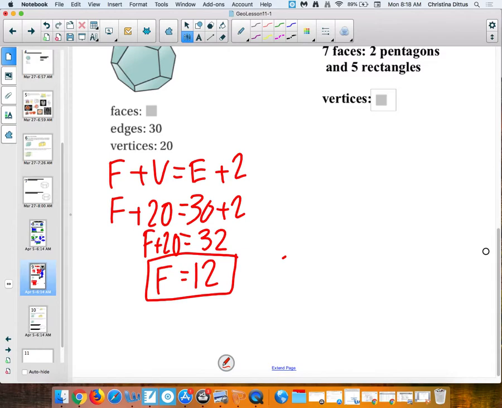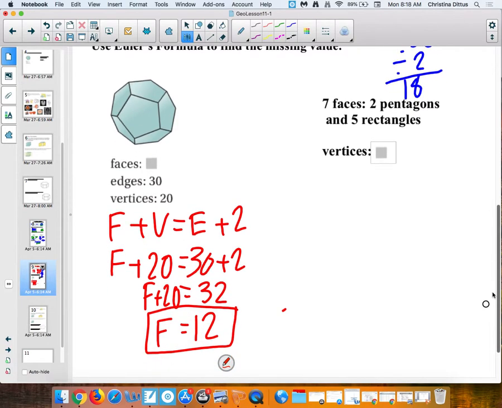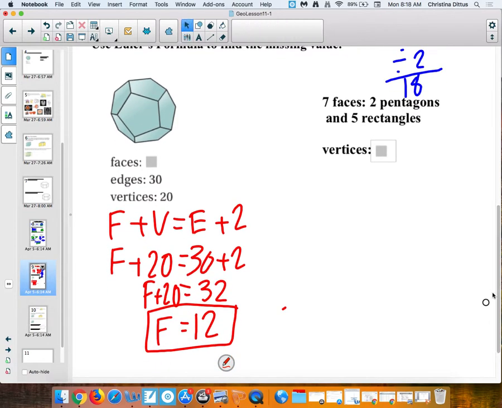Okay, this next one we're going to use the thing I was just talking about that Euclid goes a long way to solve for vertices. It says I have 7 faces, 2 pentagons, and 5 rectangles. I need to find the number of vertices. Notice I don't have how many edges there are.